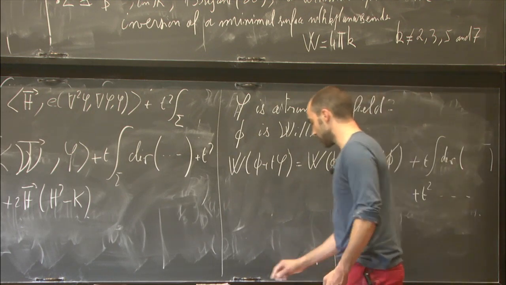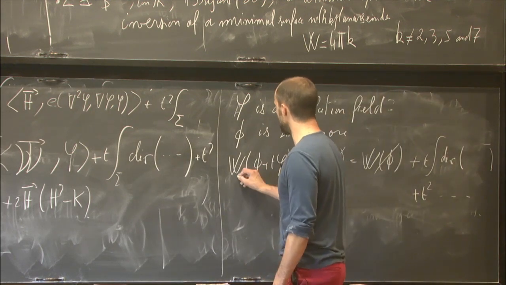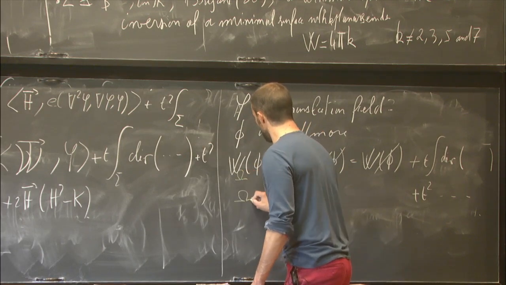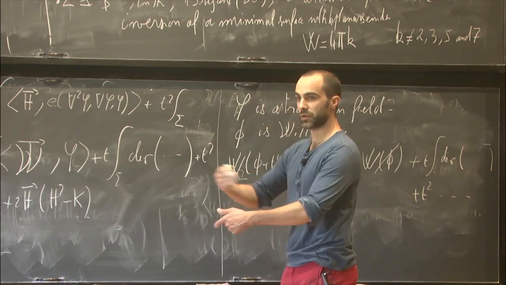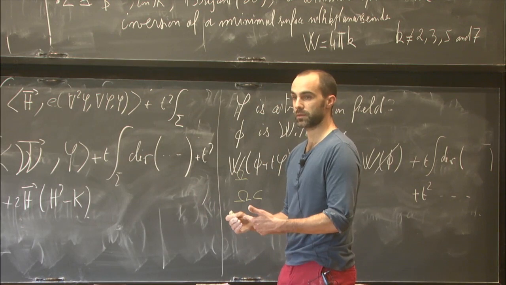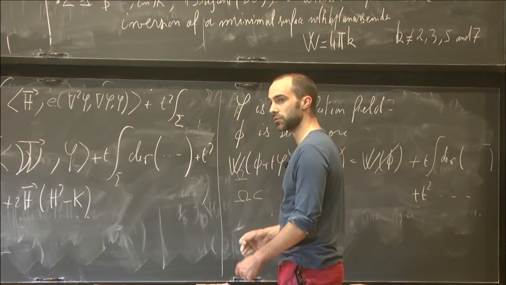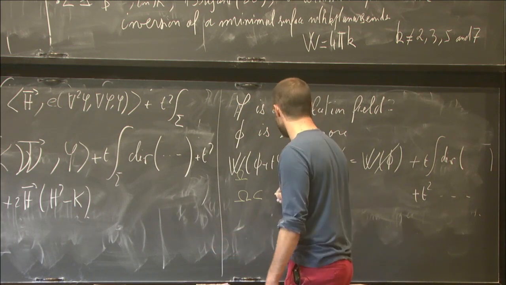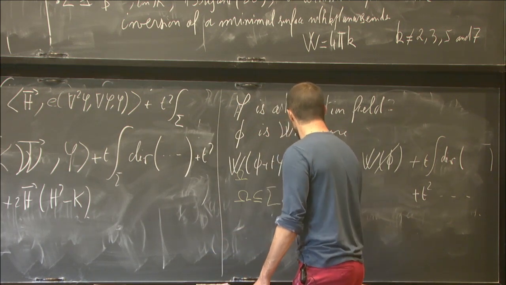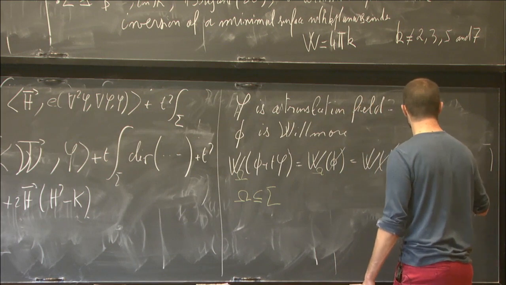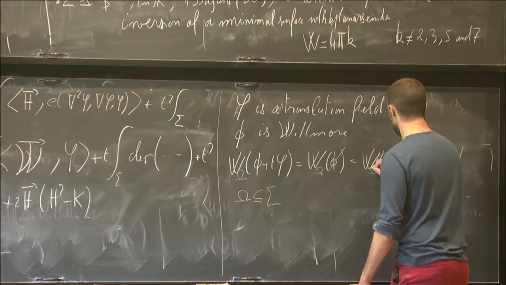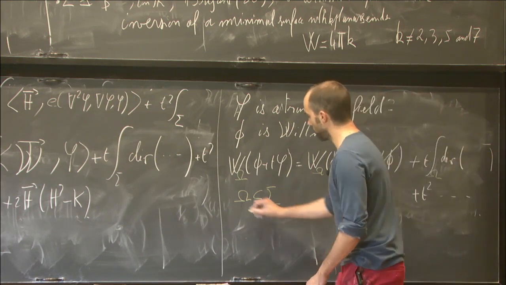But in fact, you can do it on any domain, because you didn't integrate by parts, so you have no boundary problem, because you keep the divergence term at each step. You never suppress it by using some condition at the boundary. So you can do it for every omega in sigma.